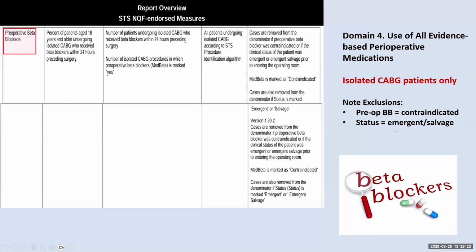So that's your status, sequence 1975. Now, if you have status emergent salvage and you don't have a contraindicated beta blocker, you just code no, because cases that have the status marked as emergent or emergent salvage are going to be excluded from this metric.